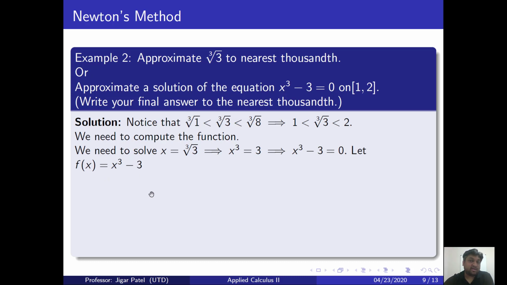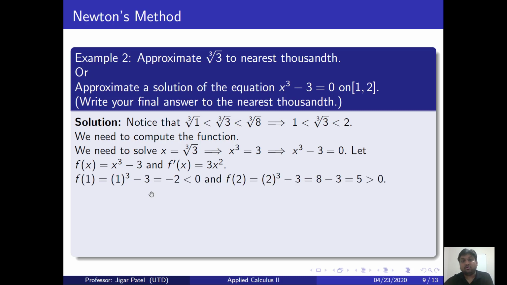I need to calculate f prime of x. It's 3x squared. Pretty simple. I need to check that Newton's method is applicable here. The region of interest is 1 and 2, and we already verified that the cube root of 3 is between 1 and 2.